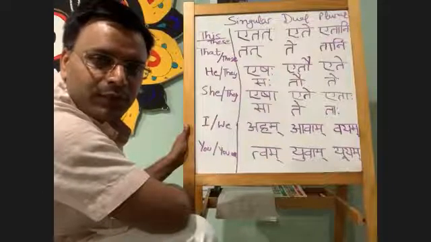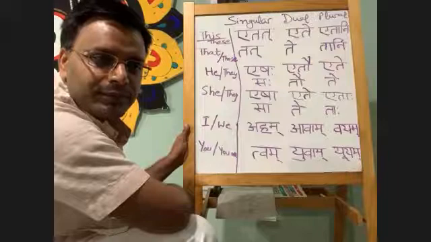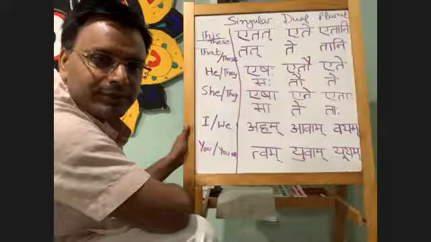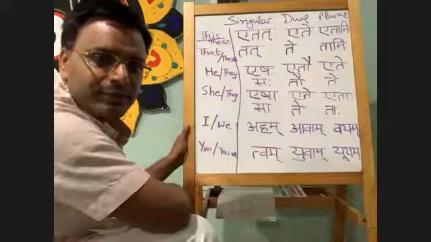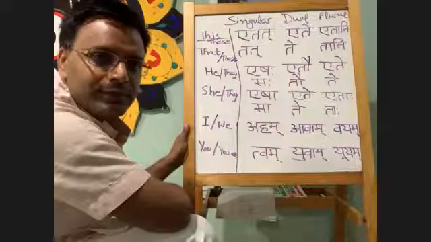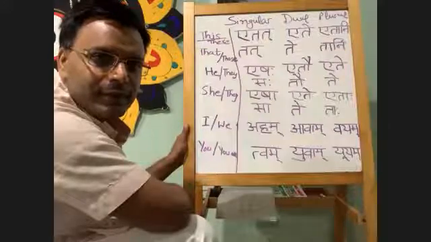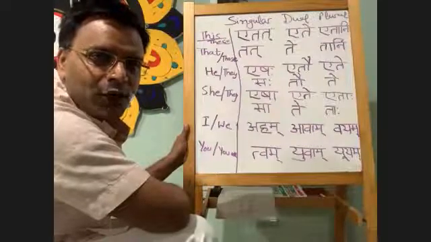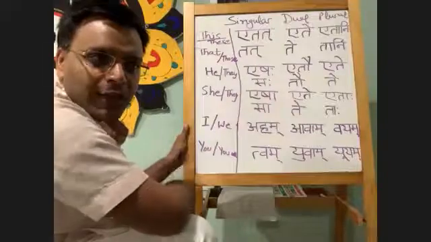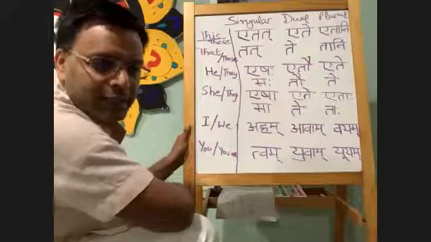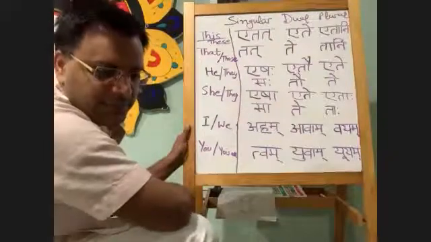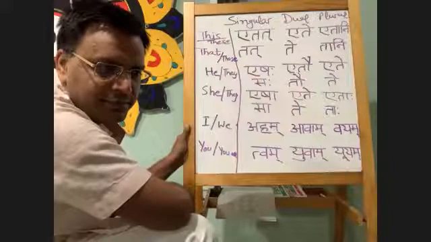So any object which cannot be classified with one particular gender is neutral. Got it. Thank you, Guruji.